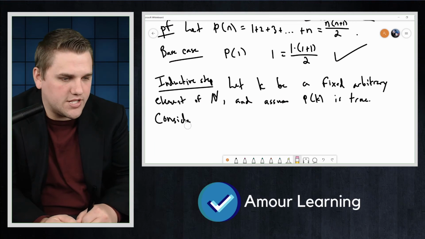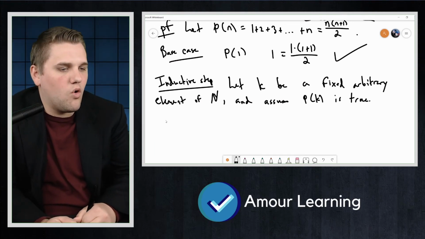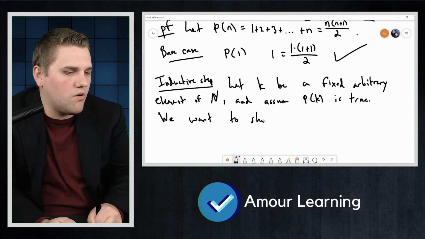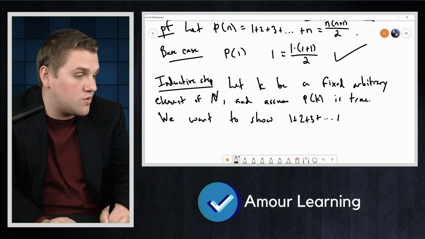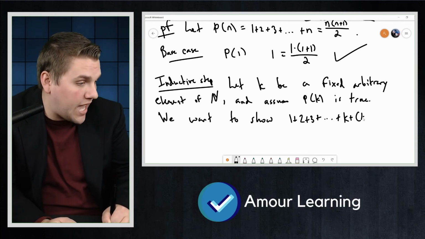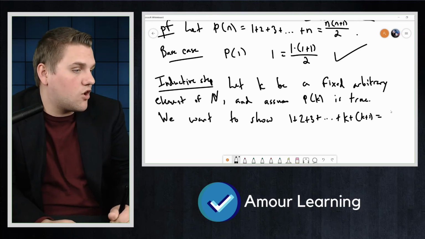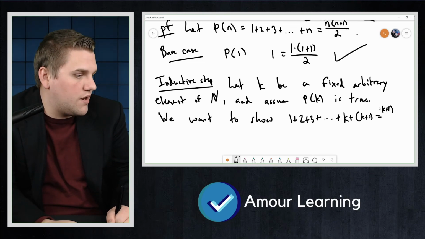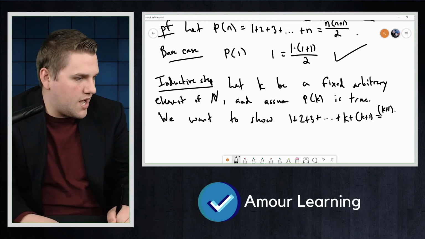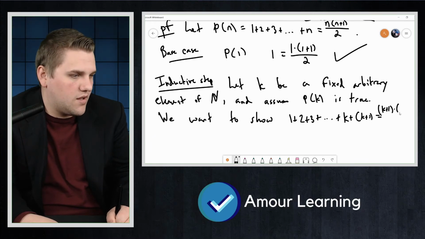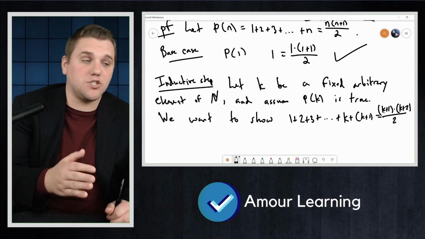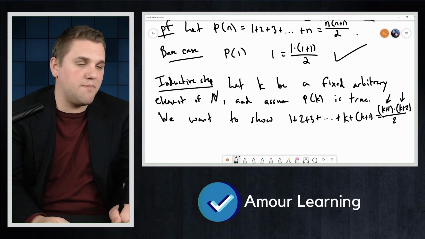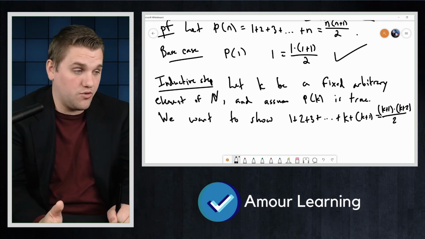We want to show that 1 plus 2 plus 3 plus all the way up to k plus k plus 1 equals k plus 1 times k plus 2 all over 2. Since my n is k plus 1, that's n times n plus 1. So we want to show that's true.